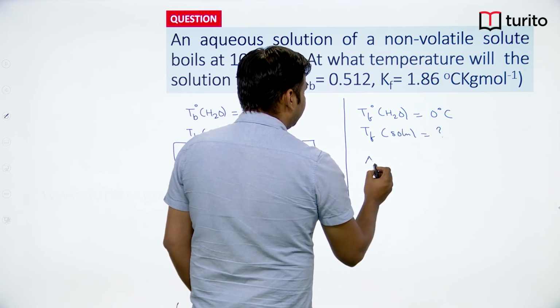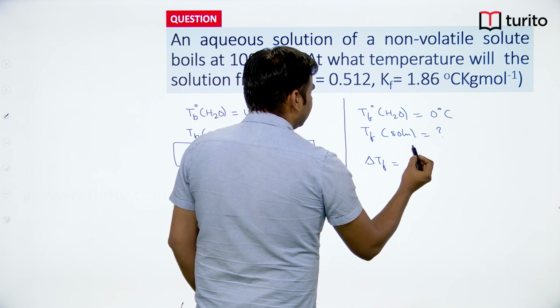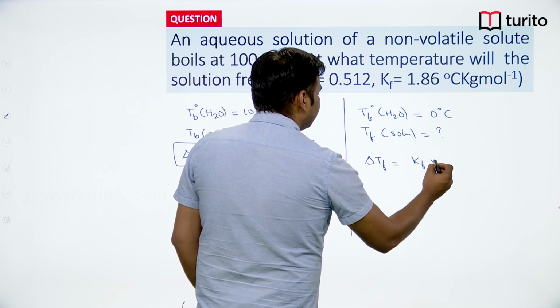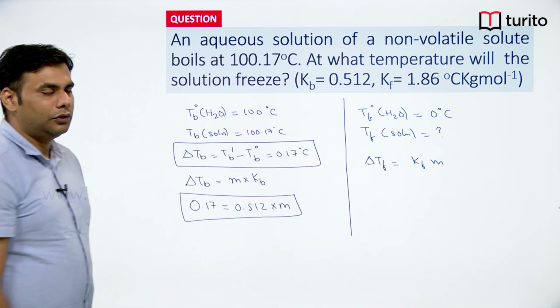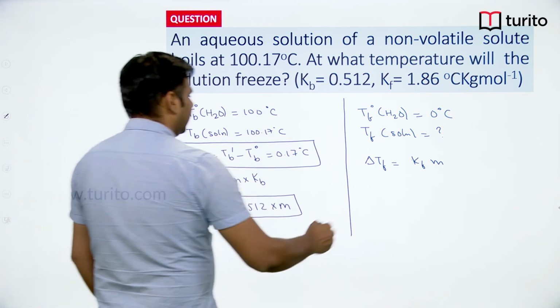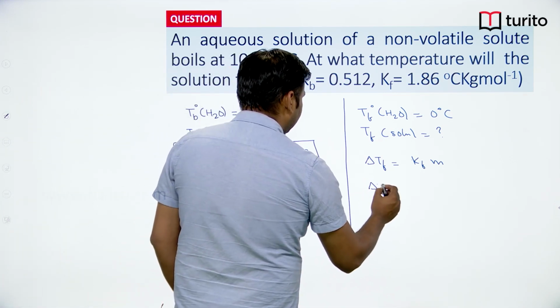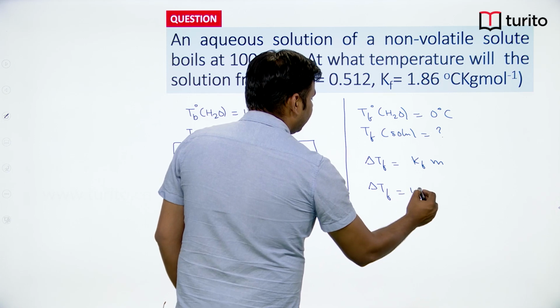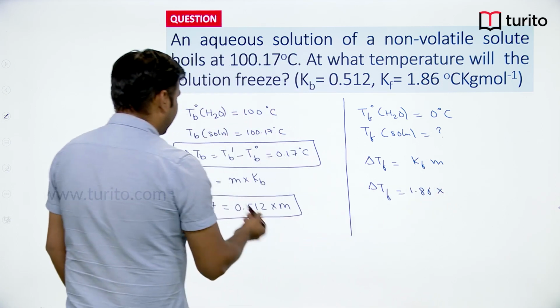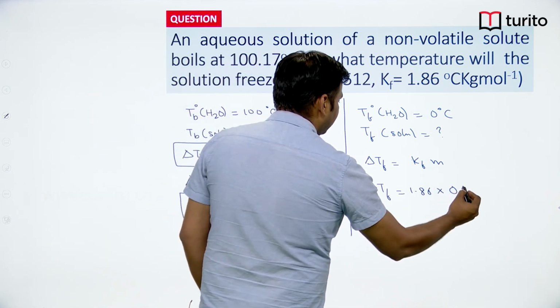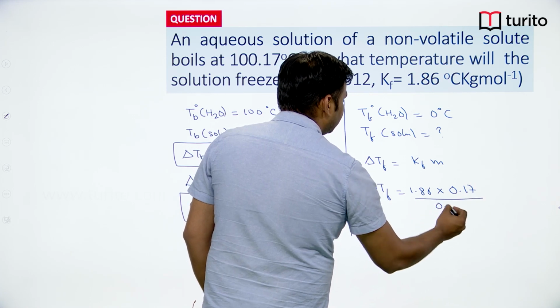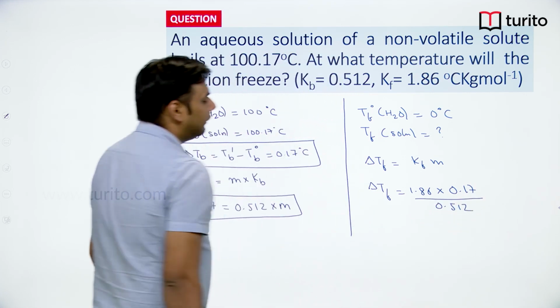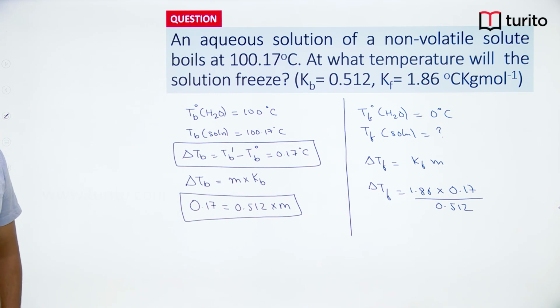We know that the depression in freezing point is Kf into m. We don't know the value of m, so m can be calculated from here. So delta Tf, I can write this as Kf is 1.86, m I can write as 0.17 upon 0.512.